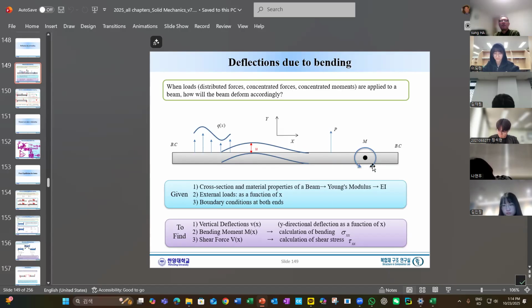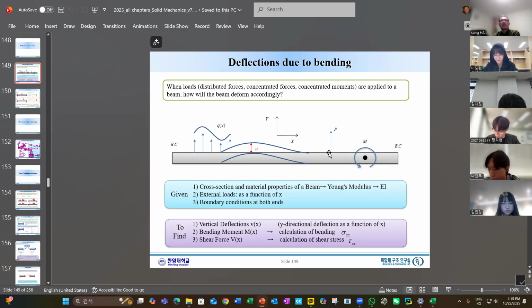And moment M is given as a pure moment. The pure moment M is the one we consider in our beam. In addition to this moment M, we will consider vertical load P and the distributed load Q. That is the additional load.